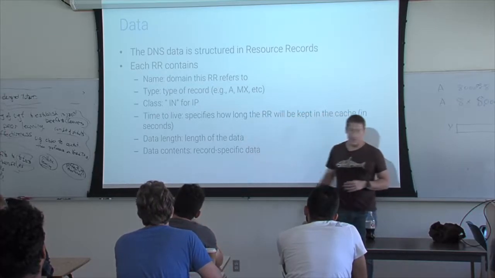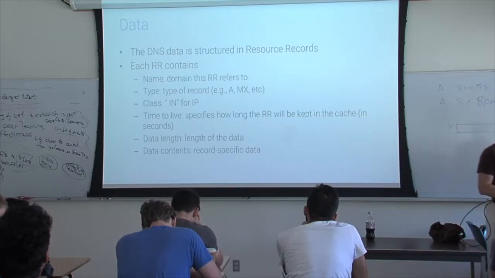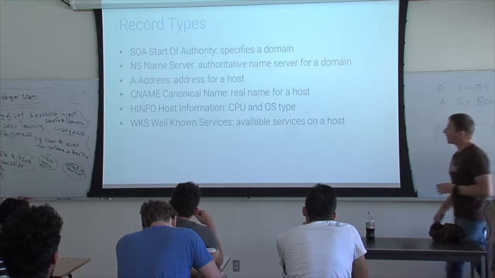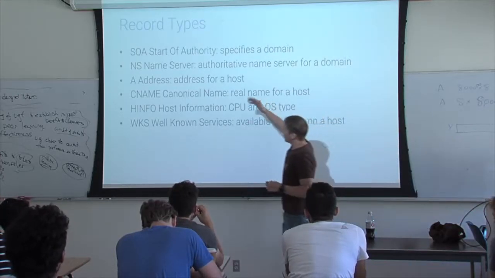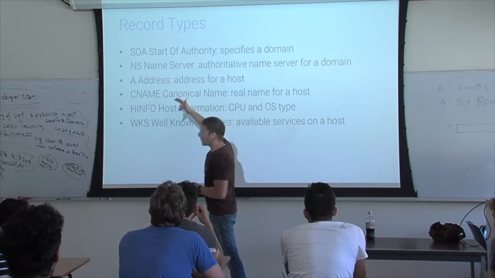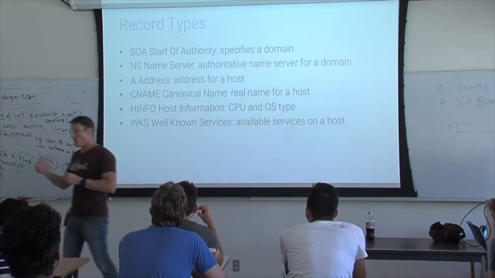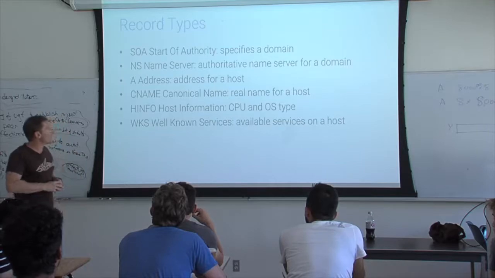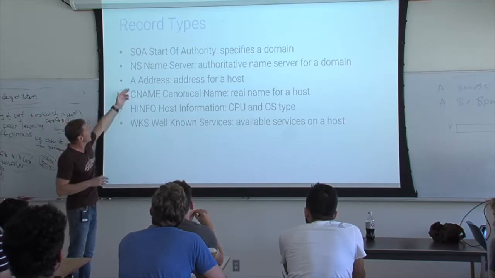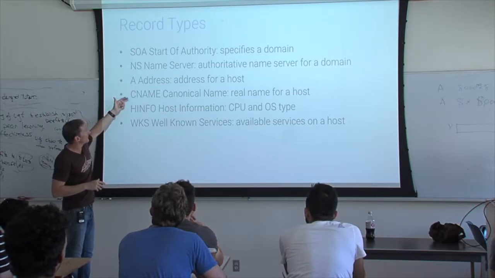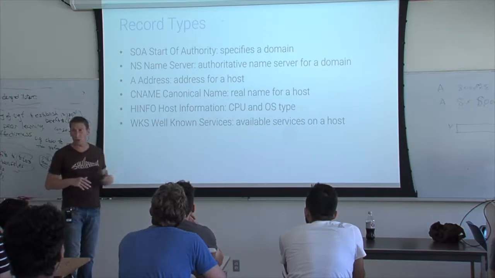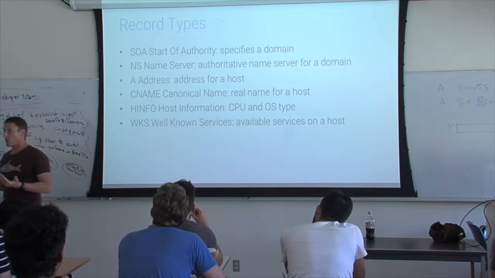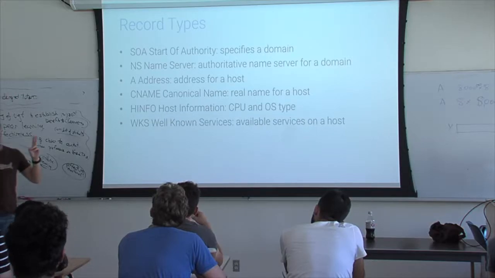Length of the data, contents of the data. These are all record types. Start of authority, name server, if you want to specify, hey, this particular record refers to another name server for a domain. We saw the A and pointer records. CNAME, canonical name. So if a host has many names, you want to provide one that is its real name.